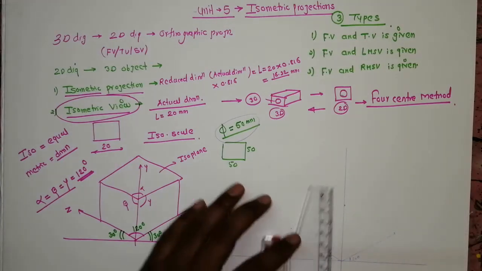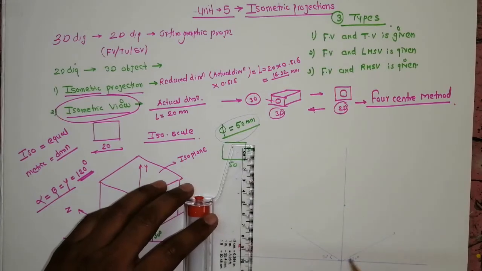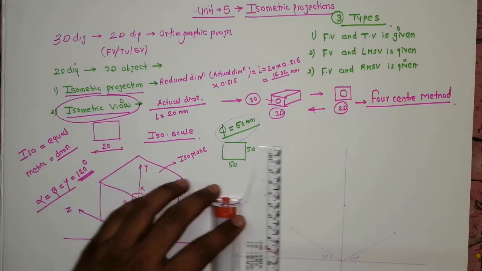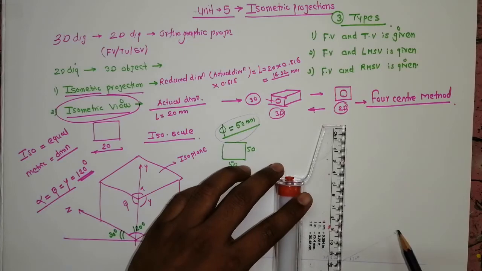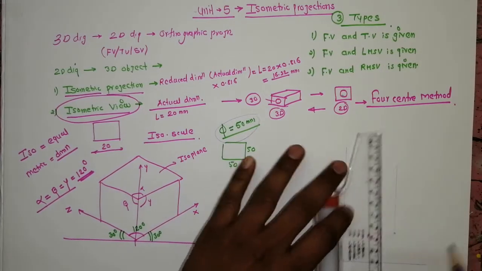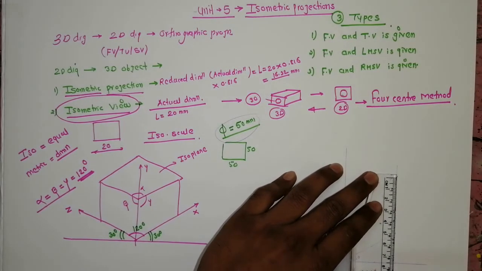Okay, so how we will construct that first. So we have taken 50. So on this we will construct here the isometric plane. So this is 50. Now from here the vertical height-wise line. Okay, so you take the reference of the vertical axis. Here how much? This is 50. Okay, so it comes here. Okay, so we will construct this.